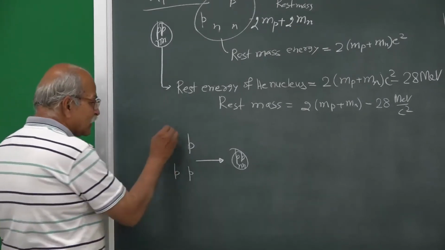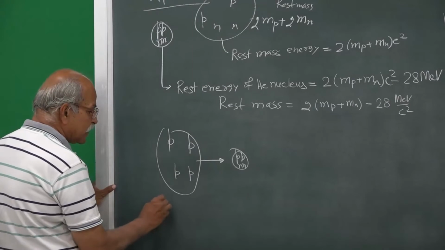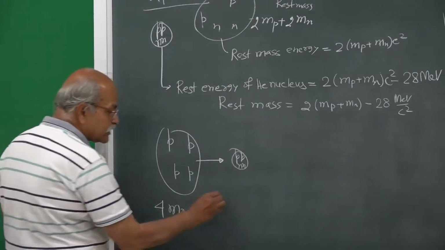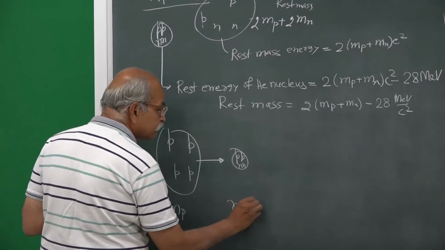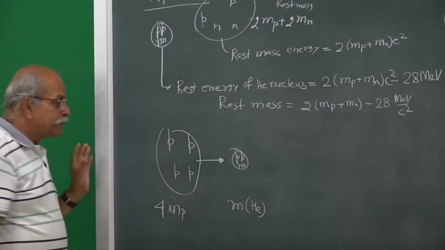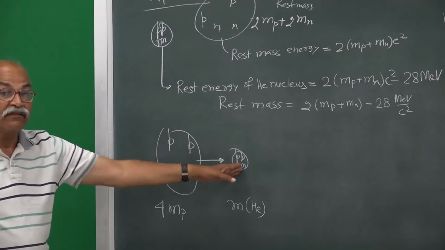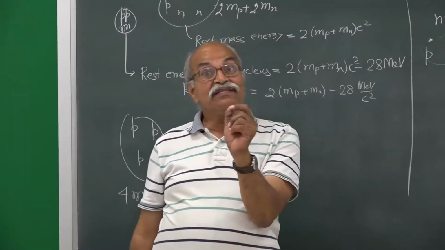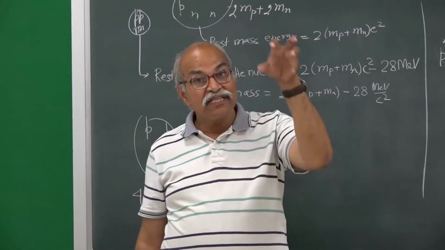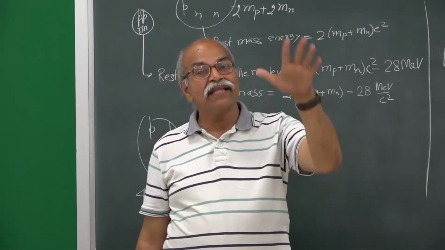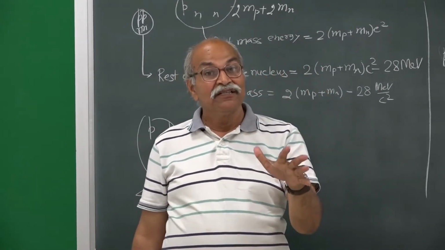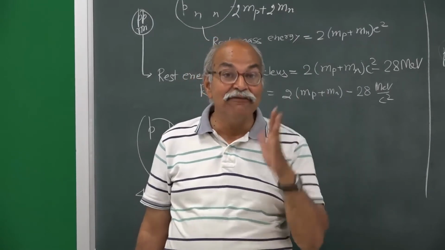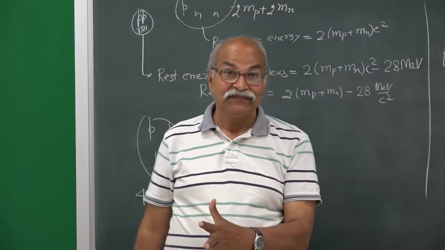This is the rest mass here and this is the rest mass here, and remember, if a proton becomes a neutron, the rest mass increases, because the rest mass of a neutron is slightly more than that of a proton. Neutron is slightly heavier than proton.